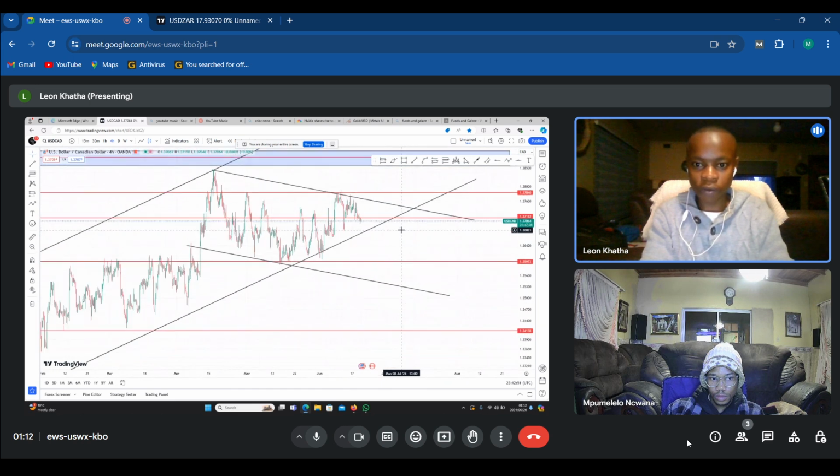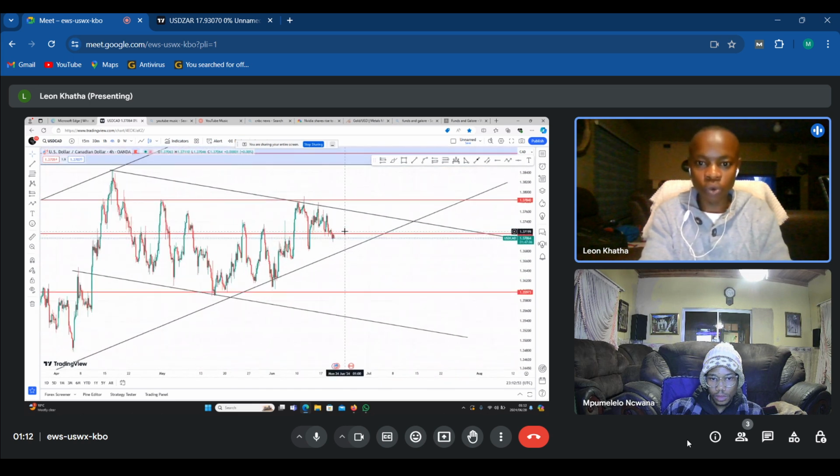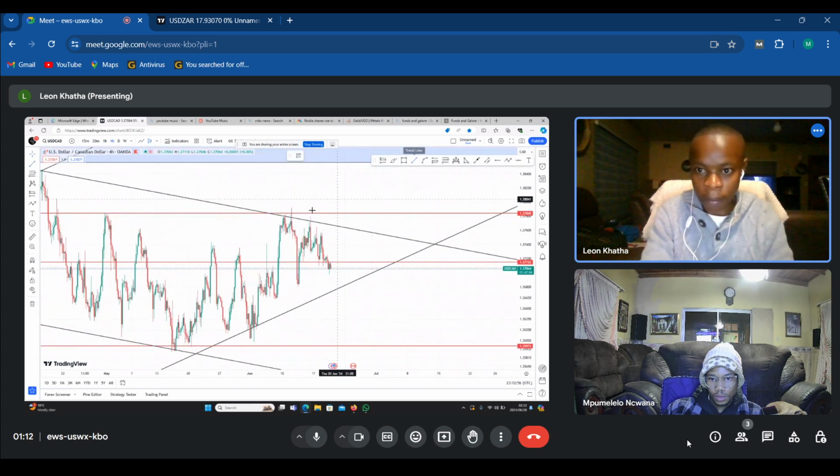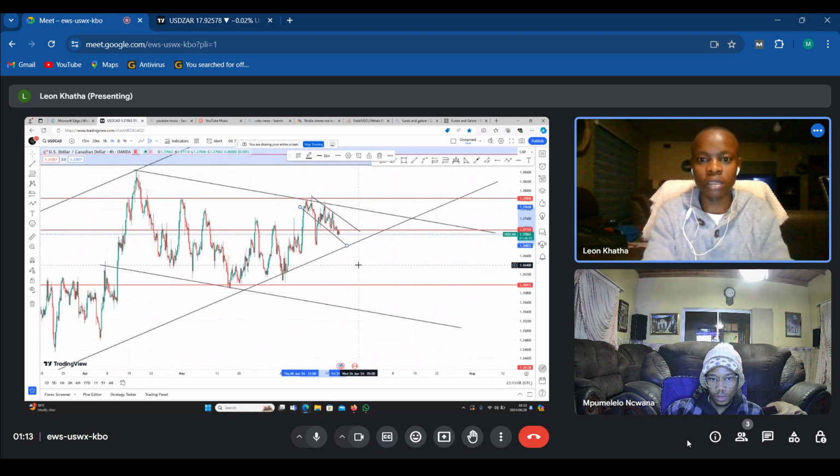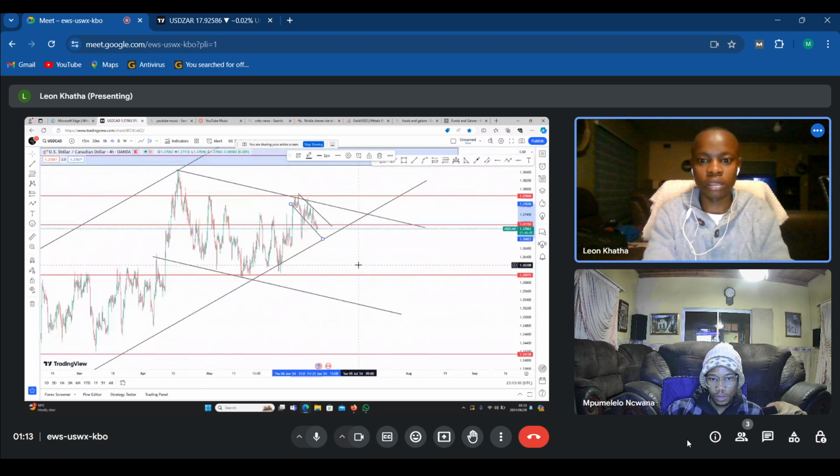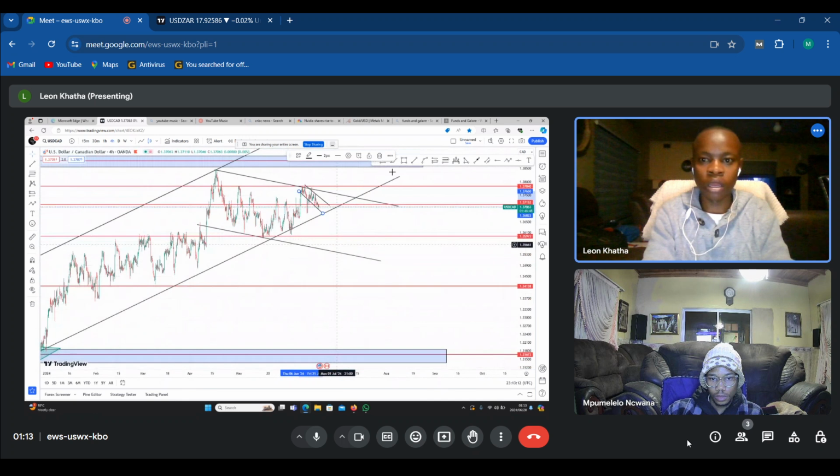So I'm diving deep onto my 4 hour. I just want to make trends here just to confirm that bearish sentiment. I'll show you now how I will confirm that. As I said, we have a level of resistance just around here, as you can see.